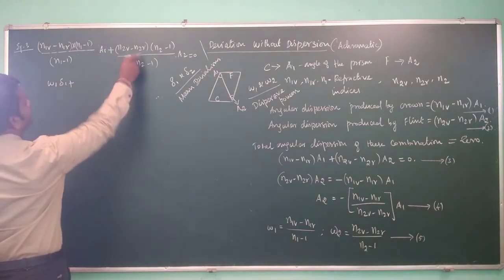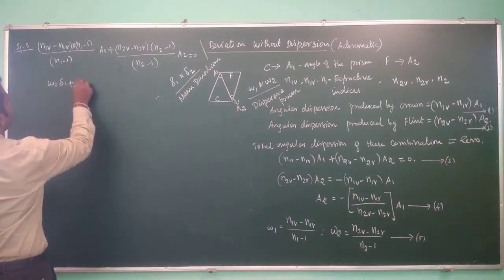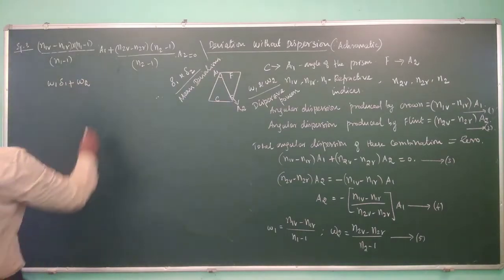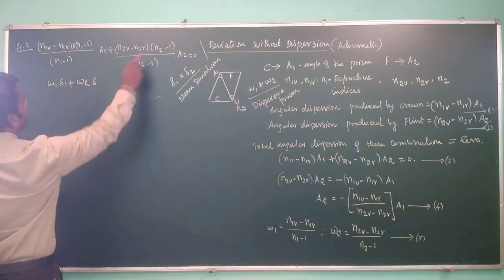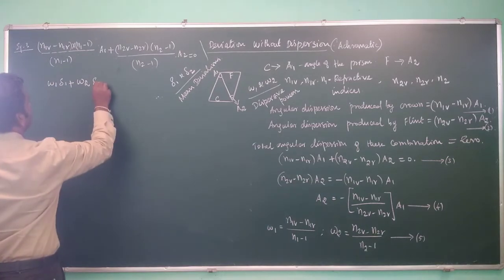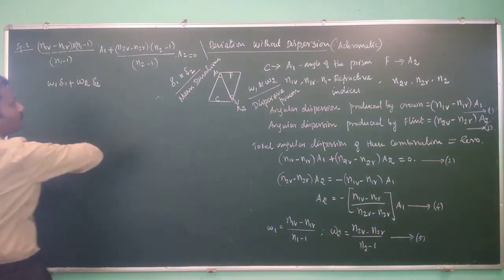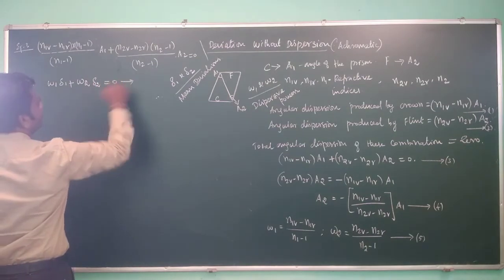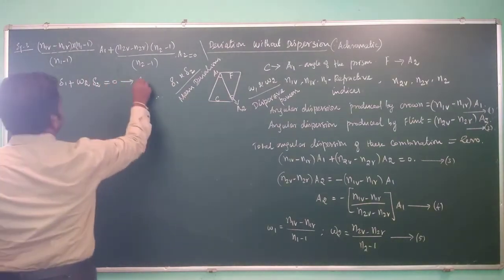Plus N2V minus N2R by N2 minus 1 becomes the dispersive power of flint prism omega 2, and N2 minus 1 multiplied by A2 is equal to the mean deviation produced by the flint prism. This is equal to 0. Let this be equation number 6.